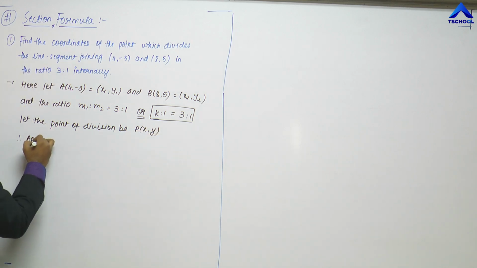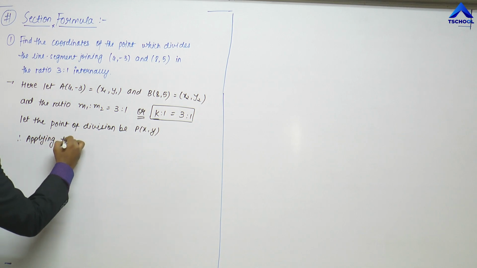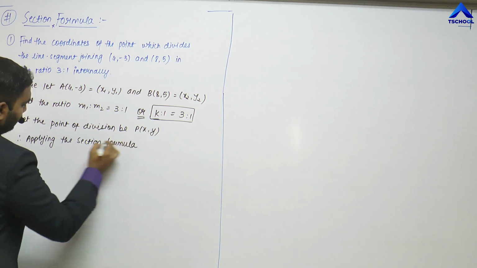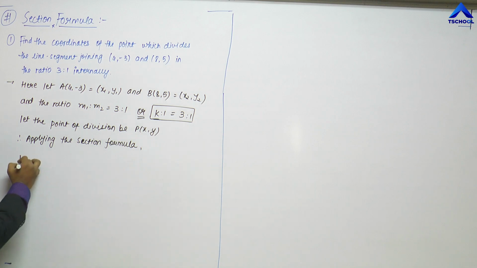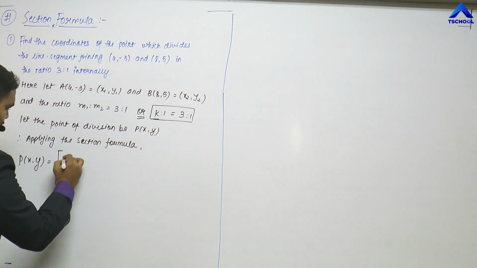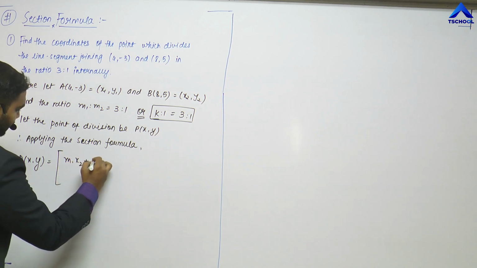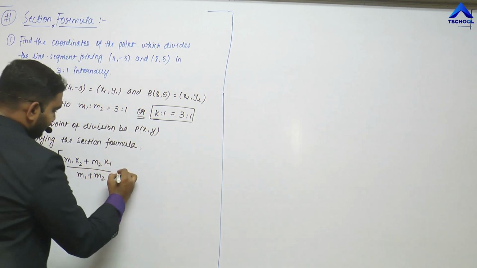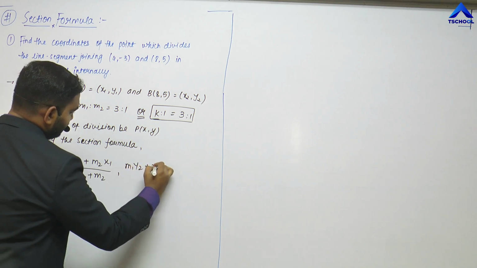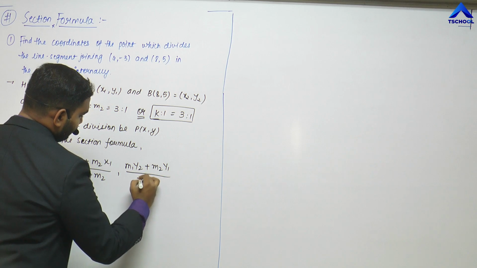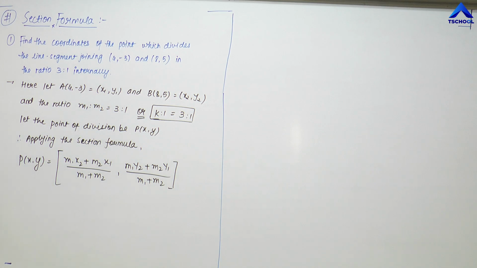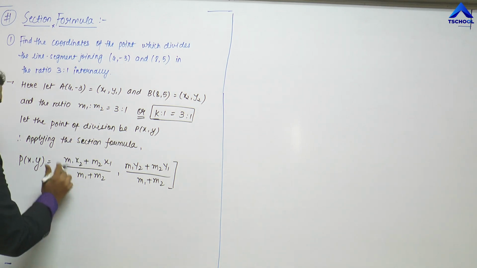Therefore, applying the section formula, we get P(x, y) equals (m1 x2 plus m2 x1) upon (m1 plus m2), comma (m1 y2 plus m2 y1) upon (m1 plus m2), right? So this is the formula we are going to apply. Is it clear?